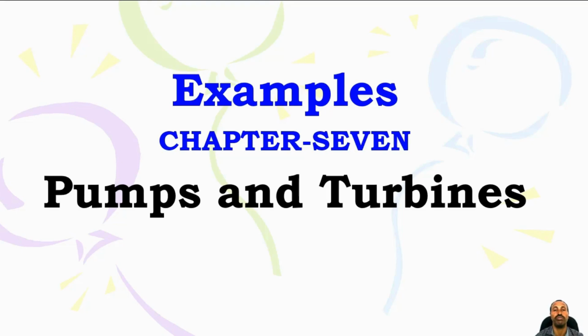Then it impinges on the runner in the scroll casing. So they convert hydraulic energy into mechanical energy, and the shaft, which is connected to the turbine, is coupled with an electric generator that will produce electrical power.